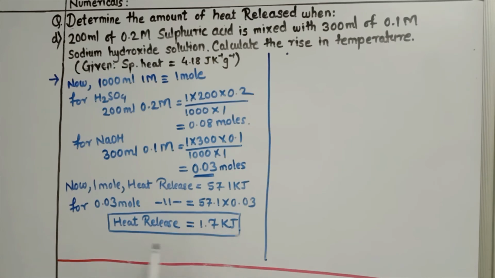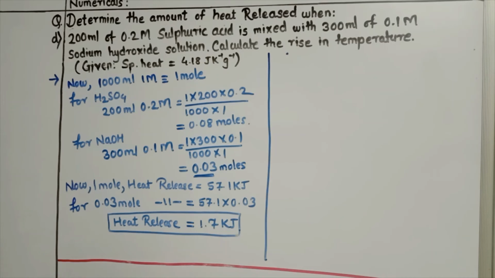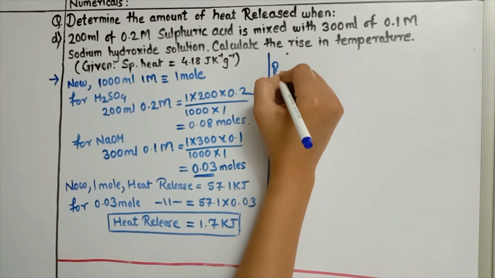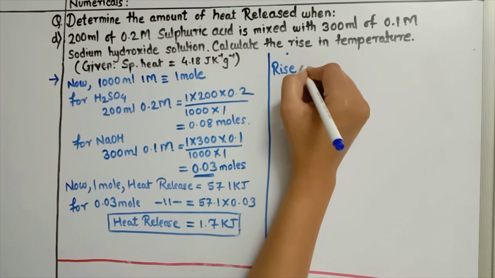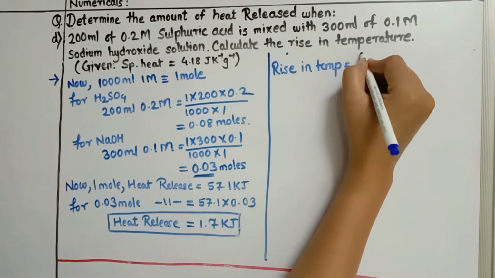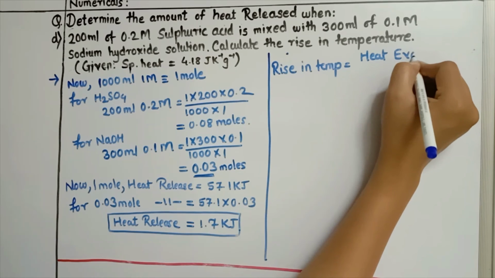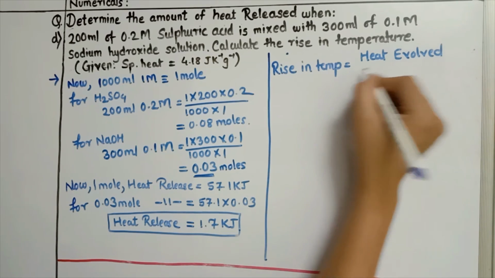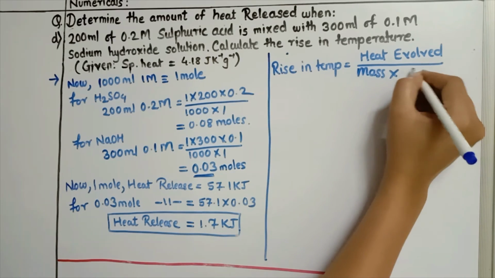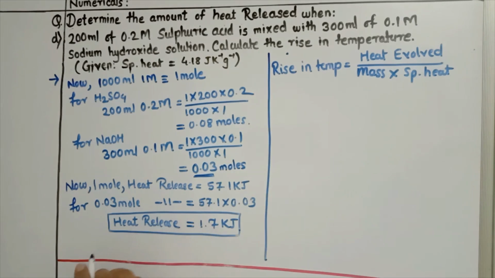We have got heat release, number of moles of H2SO4 and NaOH. In the previous example, we have seen that rise in temperature is equal to heat evolved upon mass into specific heat. Yes or no?